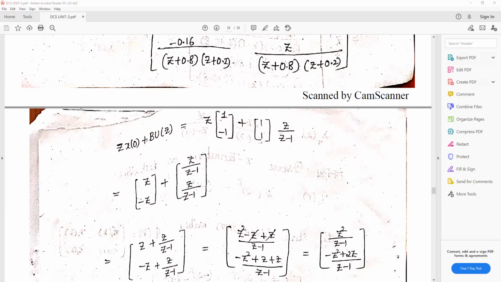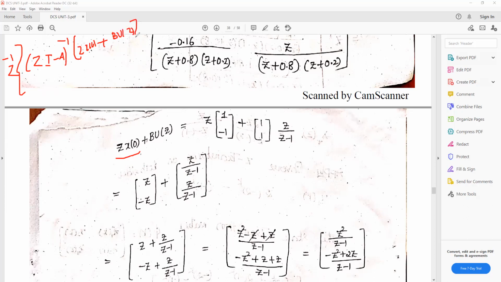So, are all of you clear or not? So calculating, the formula is z inverse of (zI minus A) whole inverse into z into x of 0 plus B into u of z.